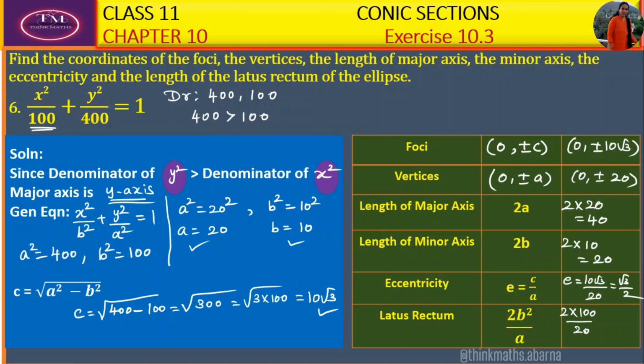So this 2 and this 20 cancel, and this will become 10. So the latus rectum is 10. Clear? Understood? Very simple. If you find the major axis, then everything proceeds in a similar manner. Okay, so moving on to the next set.